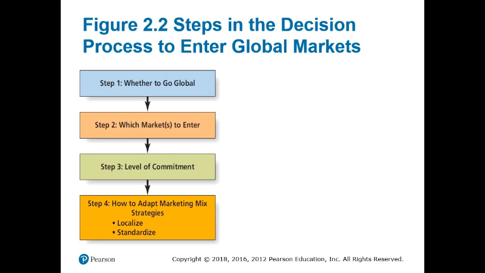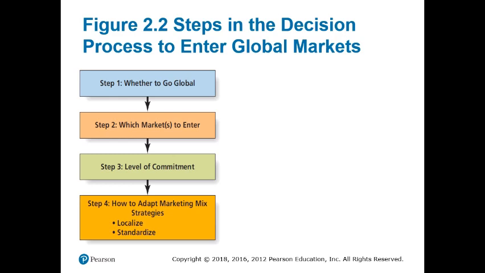For chapter 2, let's look at objective 2.3, which is to understand how factors in the firm's external business environment influence marketing strategies and outcomes, both domestically and in the global perspective.